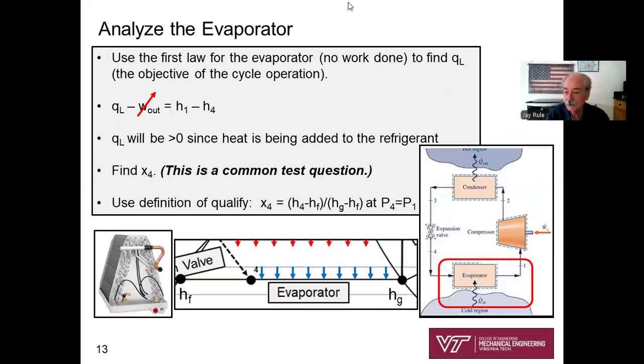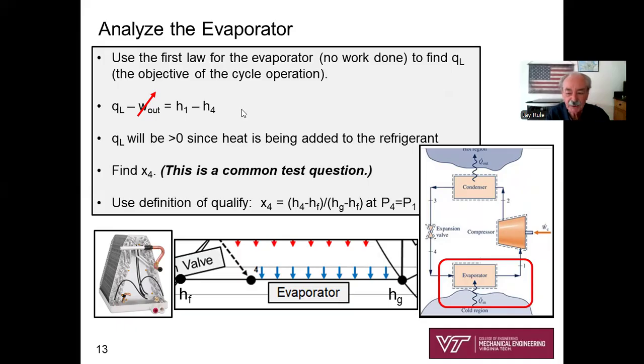Okay, what do we do next? We're still working on solving this, but we're planning our work. We will analyze the evaporator. We just showed that H4 is now numerically known. H1, we've already looked that up. That's saturated vapor that we've already written down a number for. So little q_L, Q dot L over M dot, is simply going to be equal to H1 minus H4.